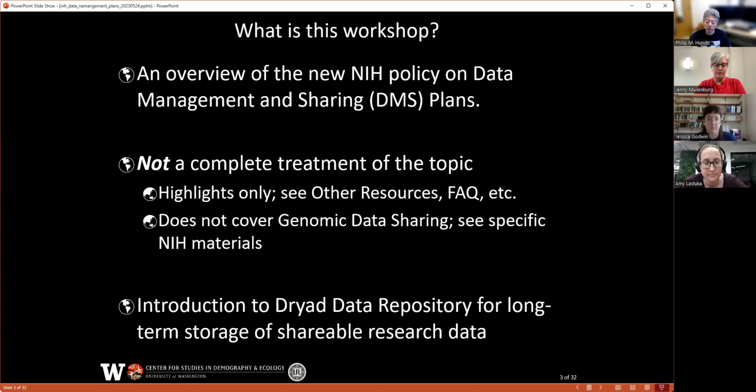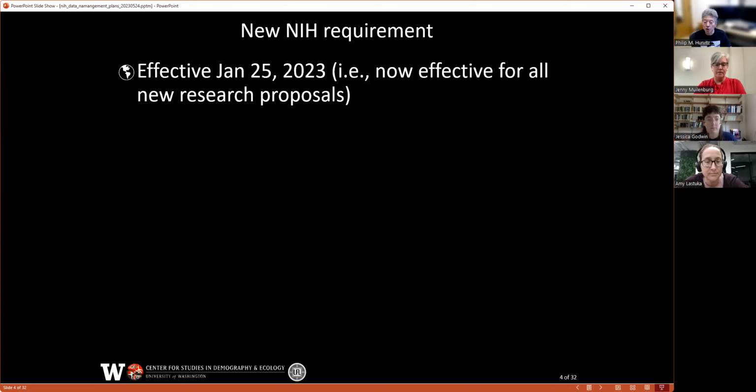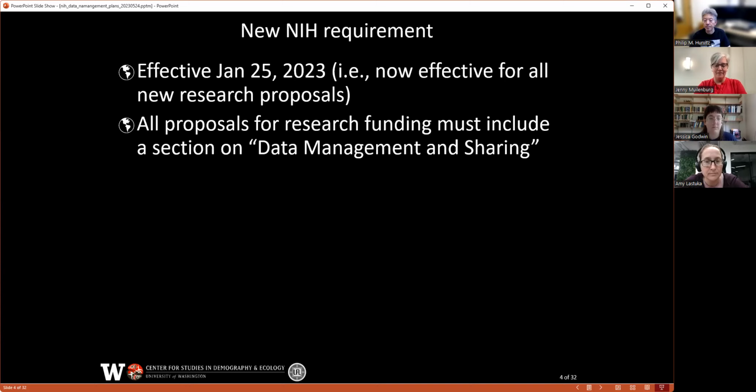There is a new NIH requirement that is effective January 25th, 2023, which means that it is now effective for all new research proposals. All proposals for research funding must include a section on data management and sharing.